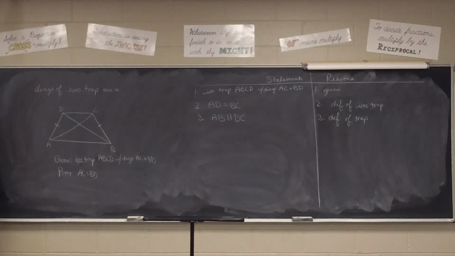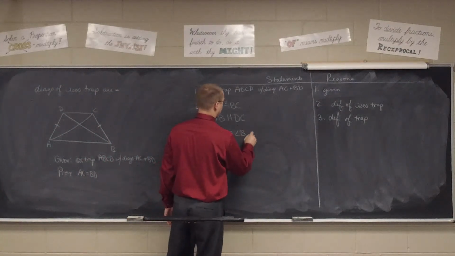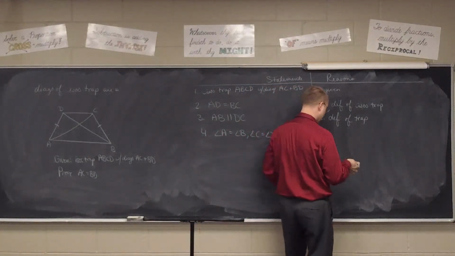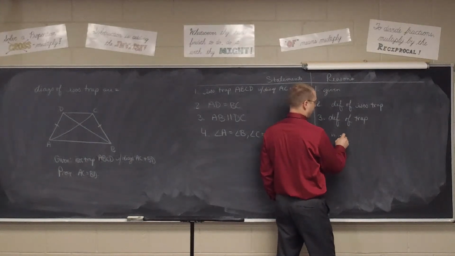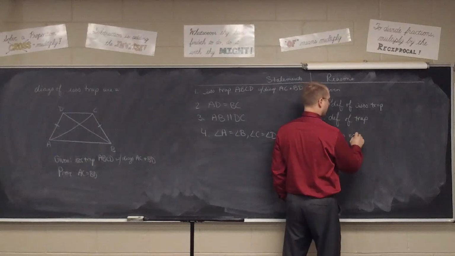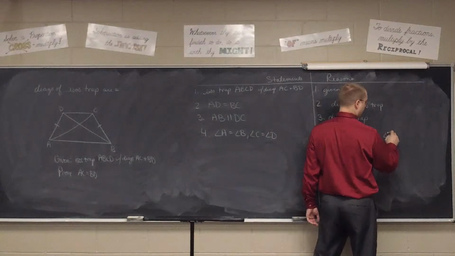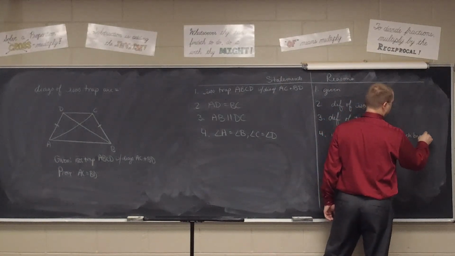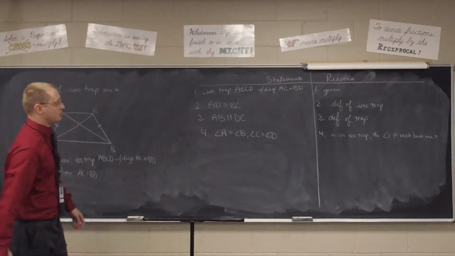Ethan, and? Right, angle A equals angle B and angle C equals angle D, because we just proved, Ethan, that in an isosceles trapezoid, angles at each base are equal.